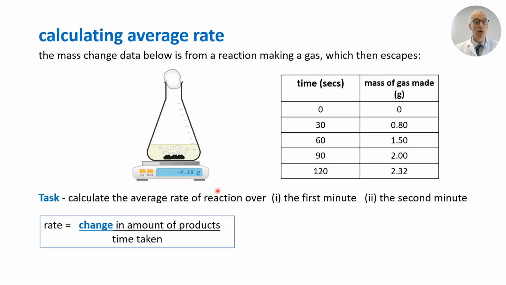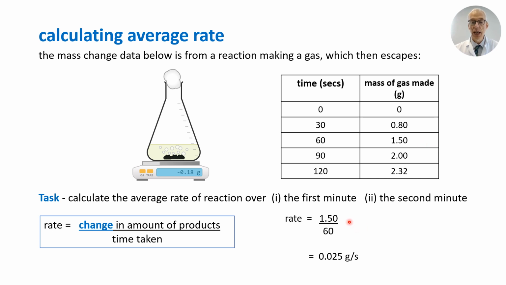Okay, so rate is going to be change in amount of products over the time taken. The gas is a product, so we're measuring the mass of product made. So change in product over time taken. So in the first minute, we start with 0 grams of gas, and at 1 minute, we have 1.5 grams of gas made.